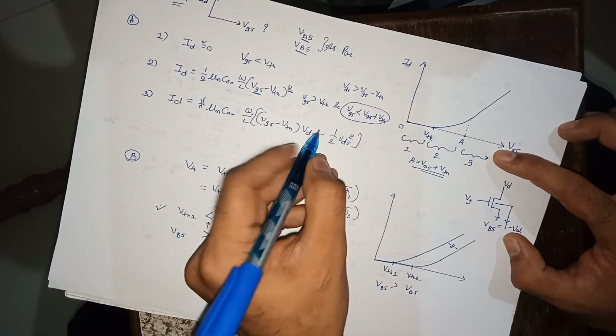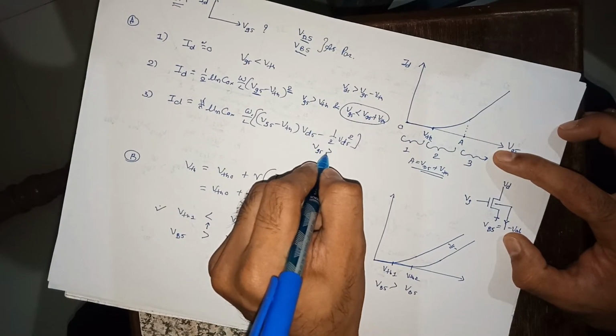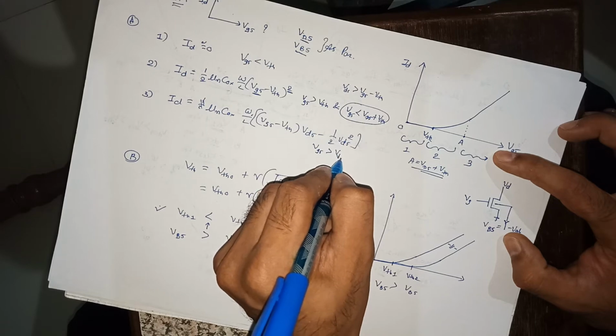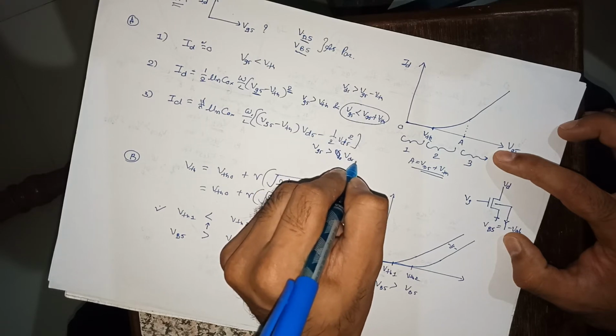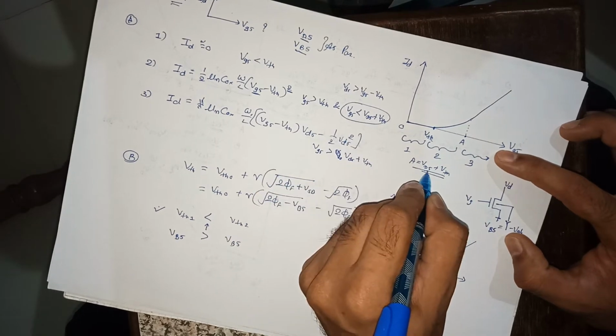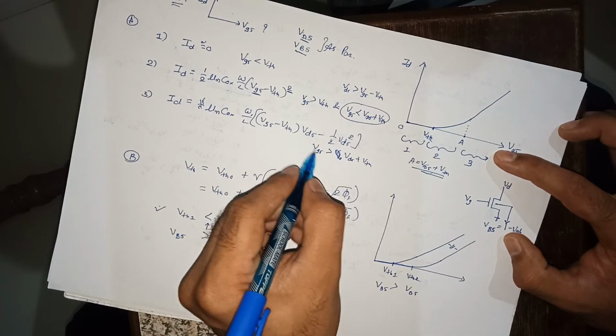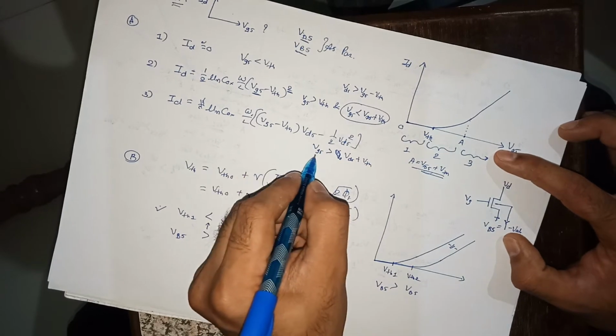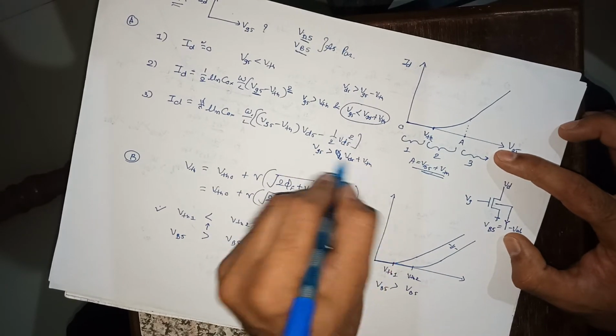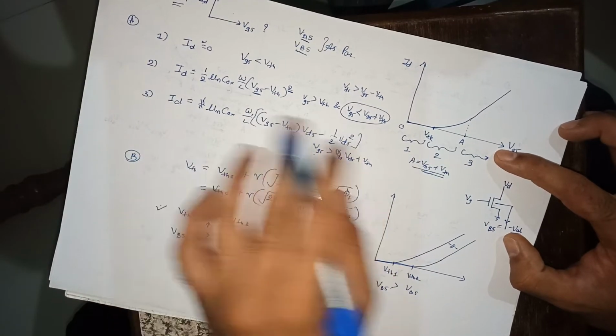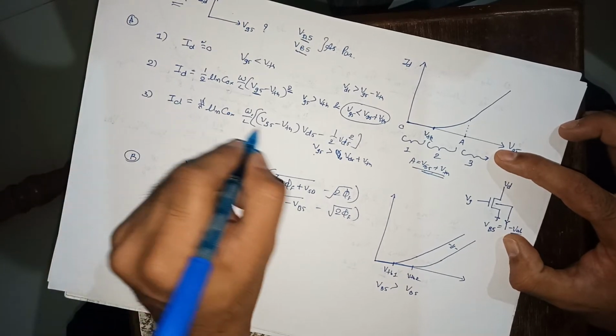Above that point, that is when VGS is larger than VDS plus VTH, I'm writing capital sometimes, non-capital sometimes, but it is the same. Don't confuse between this and that. If VGS is higher than VDS plus VTH, the MOSFET will be in the linear region, and it will follow this equation.